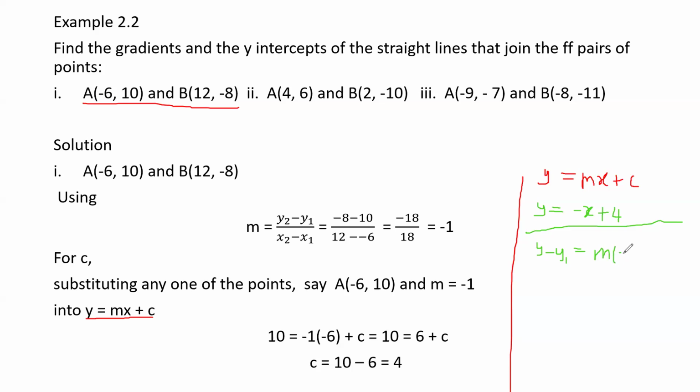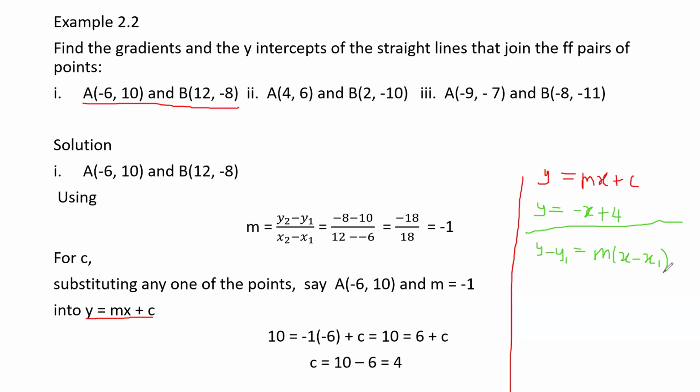So with this, you are not finding the c first before you come and put it in. You are finding the equation. Are you okay? So as long as you know your m, you take any point, either A or B, and put them in this equation. You get the equation straightforward. Are you here? Yes, sir.